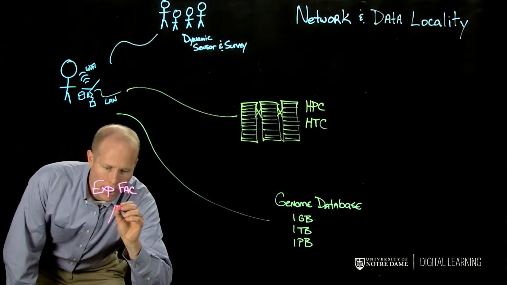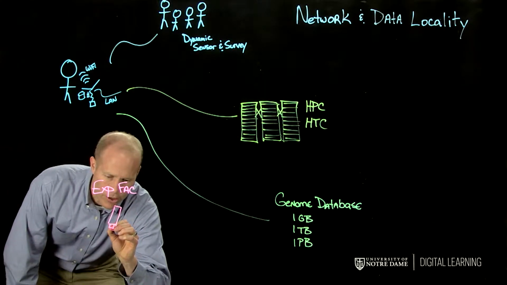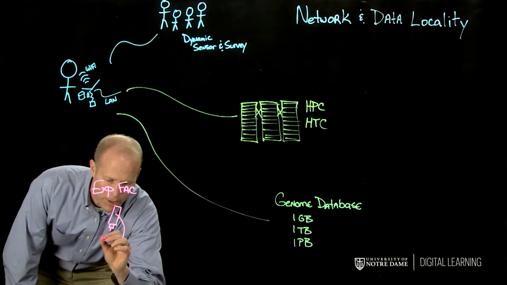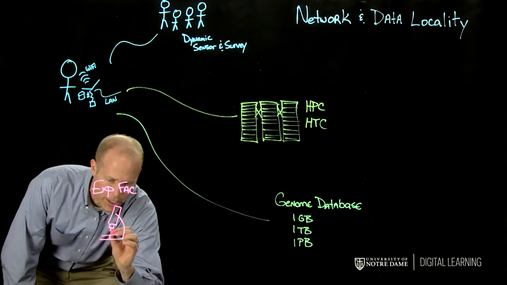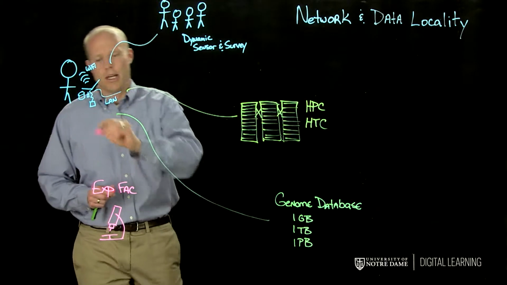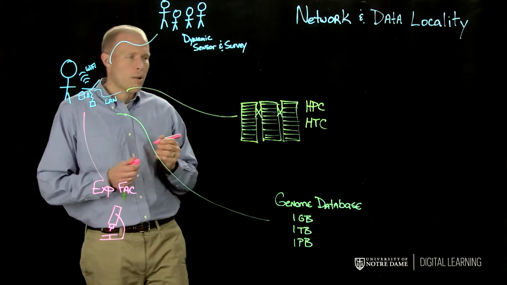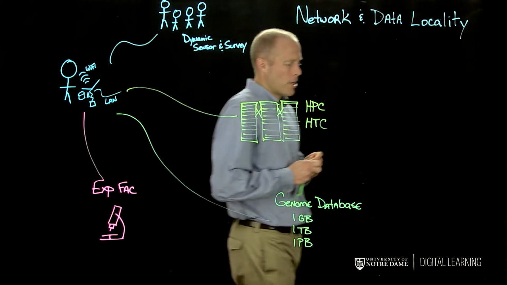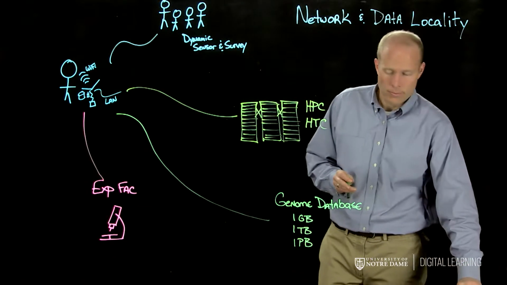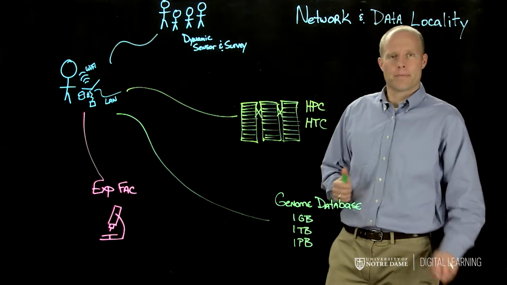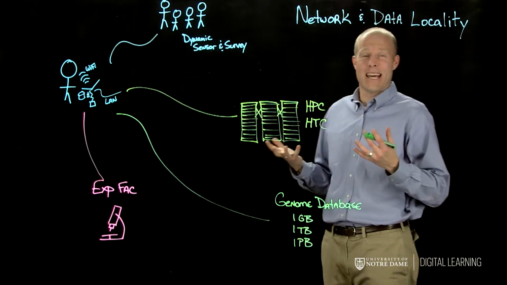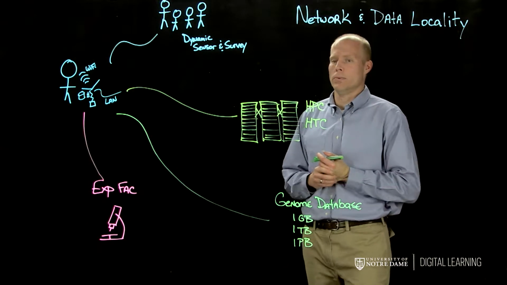We'll go with a traditional picture of a microscope here. You can make this microscope as powerful as you want in your mind, generate lots and lots of data. But we've got to move data in and out of that experimental facility.